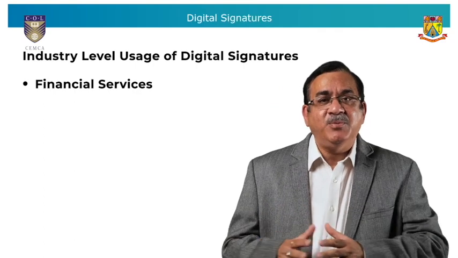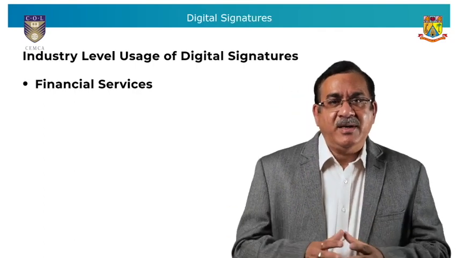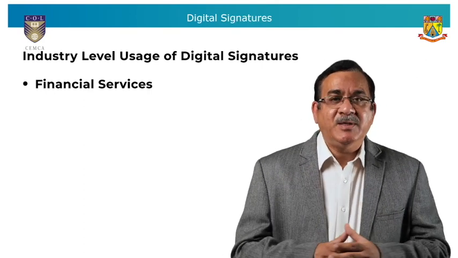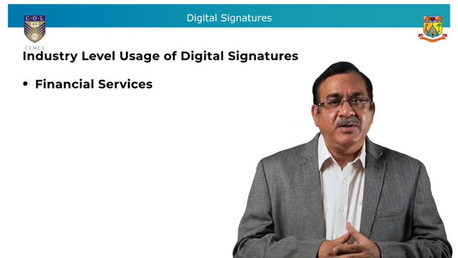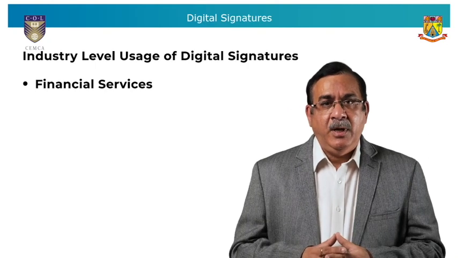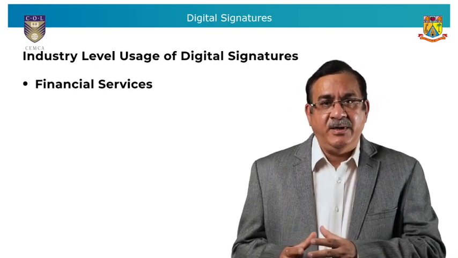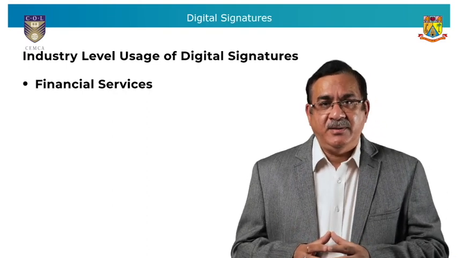Can financial services be left behind? Of course not. The financial sector uses digital signatures for contracts, paperless banking, loan processing, insurance documentation, mortgages, and more. We all know how heavily the financial sector is regulated, especially after the 2008 financial crisis.